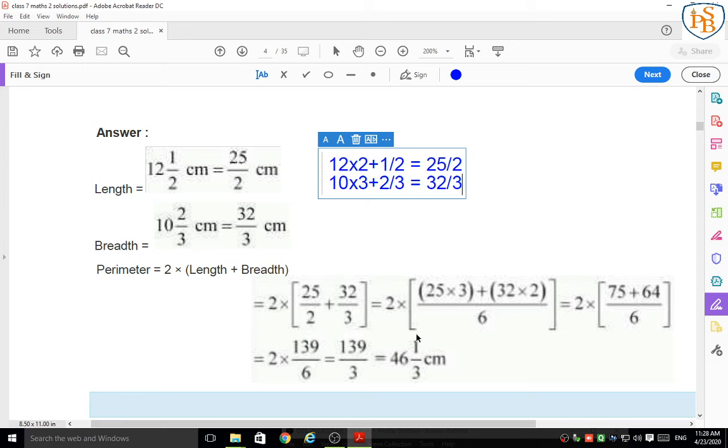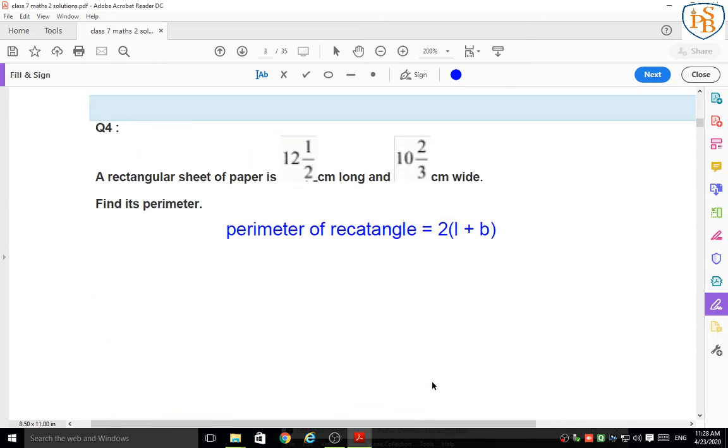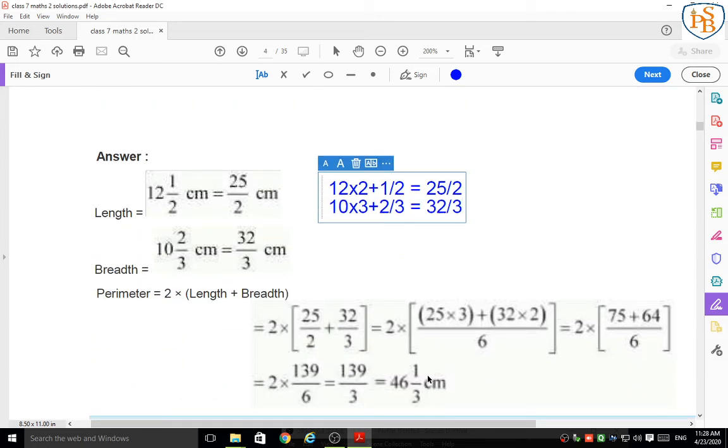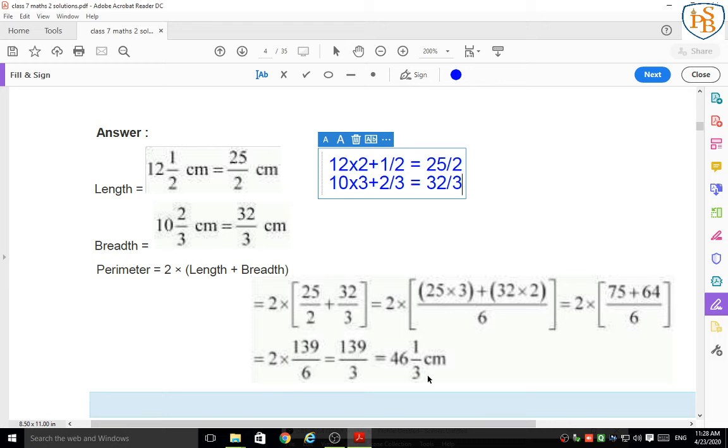The remainder should be written at the numerator place, and the denominator remains the same. So my answer is 46 and 1 upon 3 centimeter. You get this answer. Look at here students, this is the question, and this is the answer, that is how you have to solve this question.